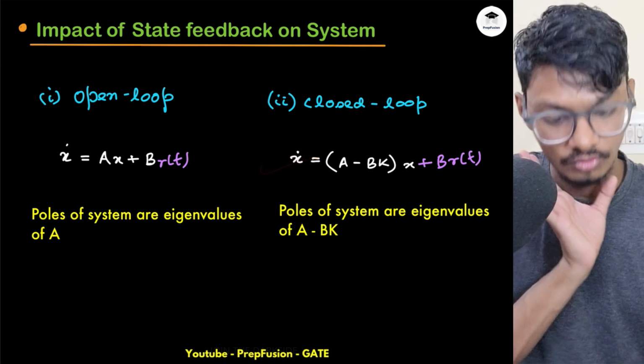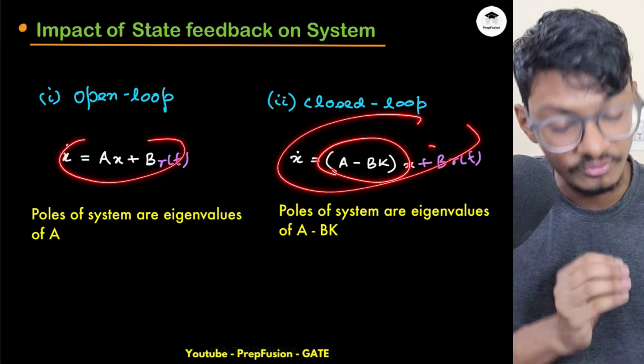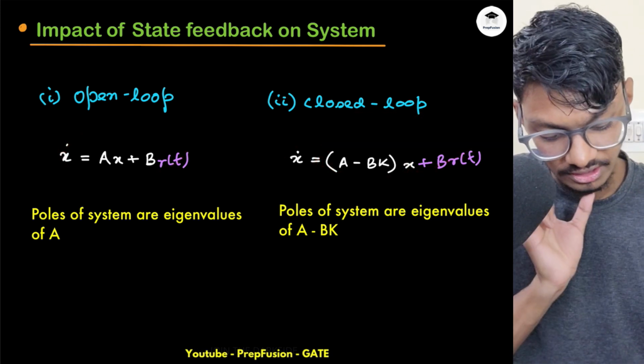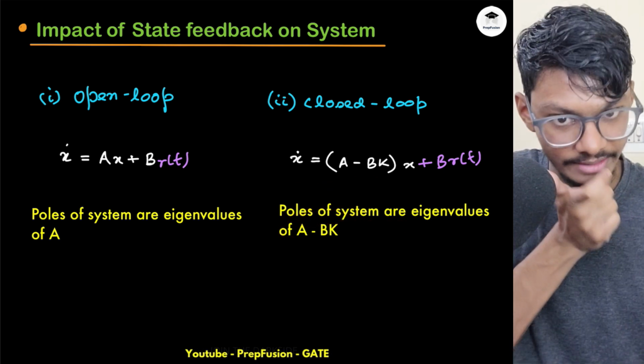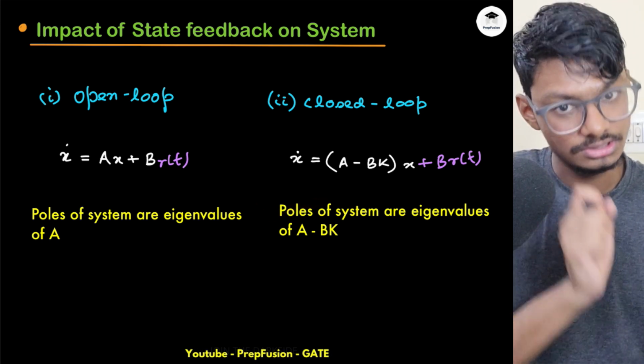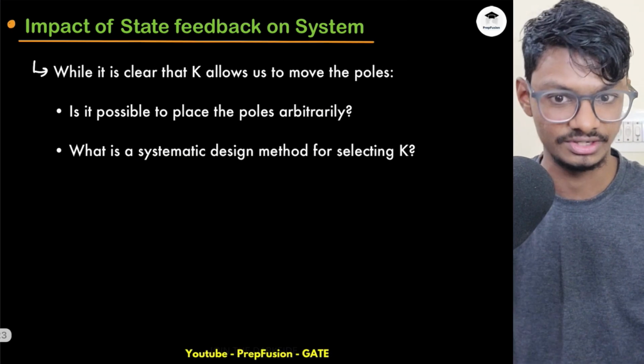So this is our x dot of t, with and without feedback. We can observe we are changing the system matrix, and if we change the system matrix, then the poles of the system are the eigenvalues of a minus bk. So we can change the location of poles with the help of state feedback. Basically, this is the main difference, and this is what we'll use.